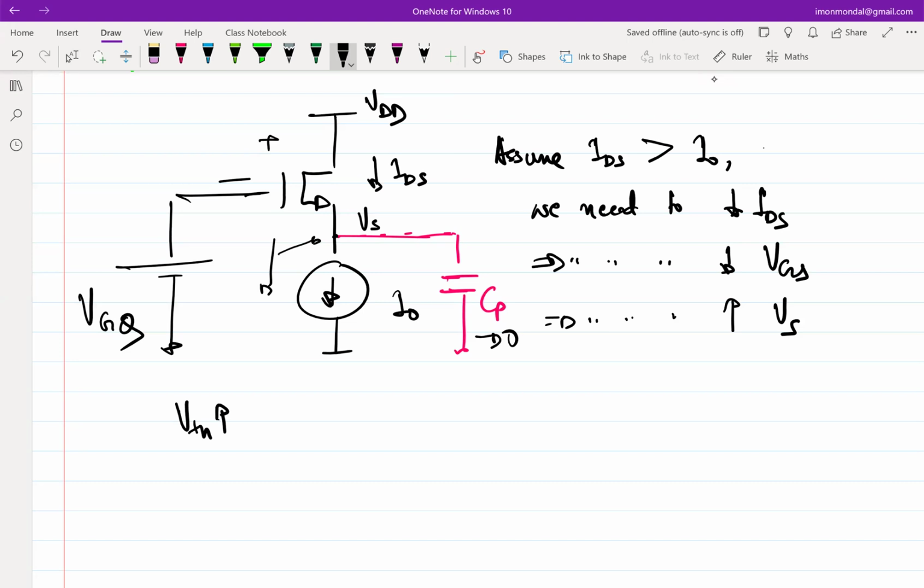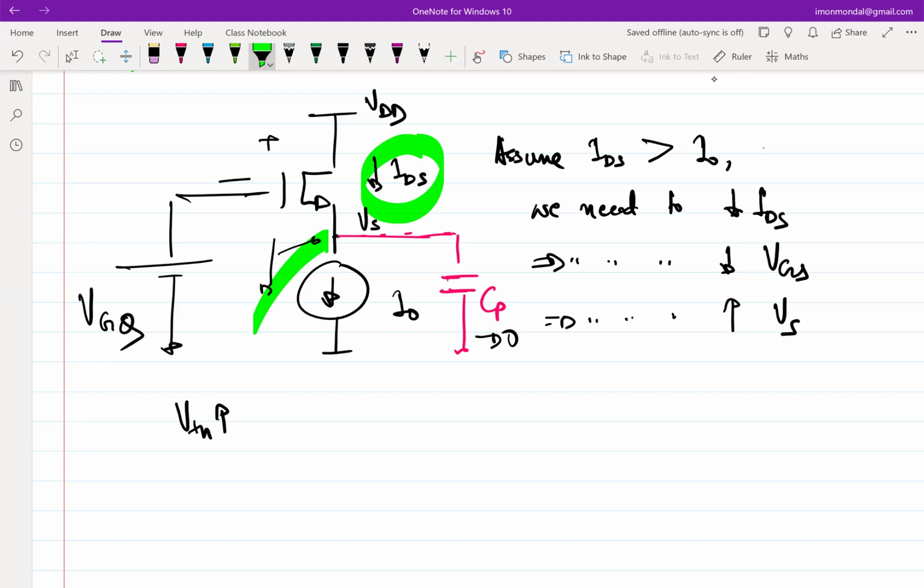Momentarily, what is going to happen to IDS? The moment the threshold voltage increased, what's going to happen to IDS? It's going to decrease, right? So if it decreases, what's going to happen to VS? You are now pushing in less current than you are pulling out. IDS is less than I0. Then VS is going to decrease.